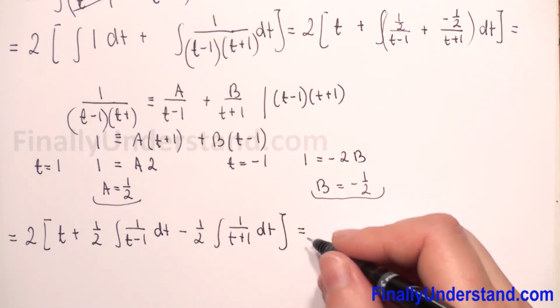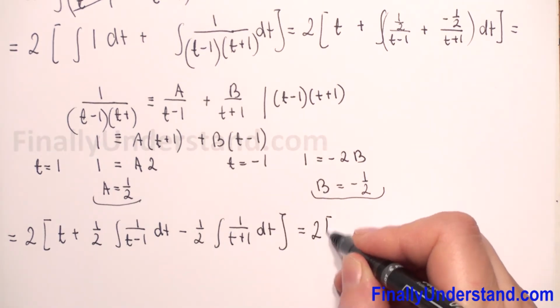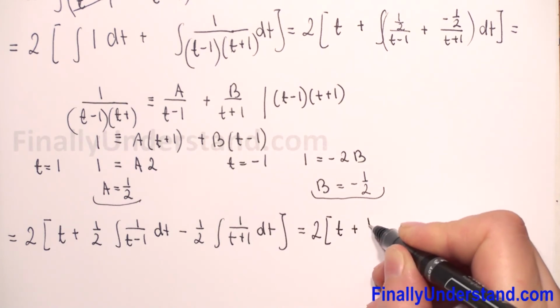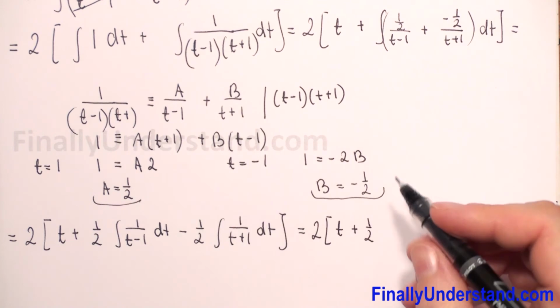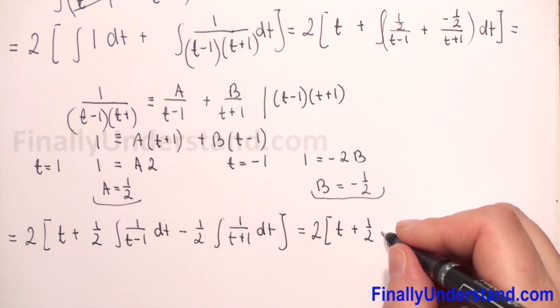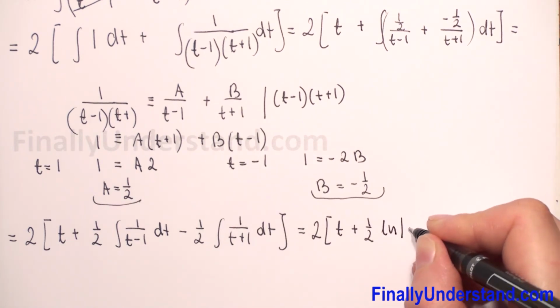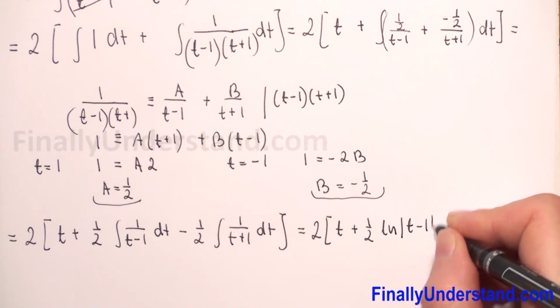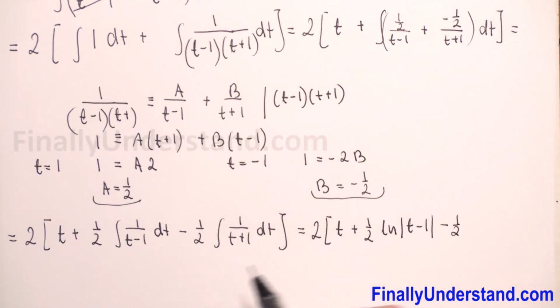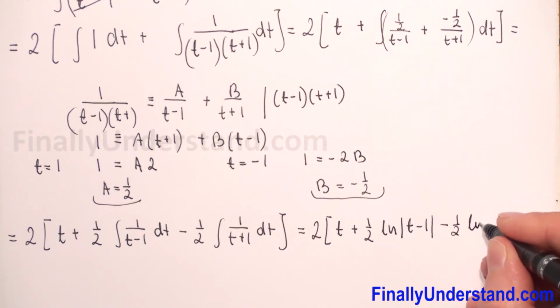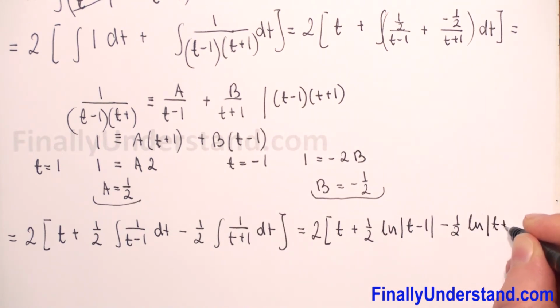So this is equal to, and we have in brackets t plus 1/2. In numerator we have derivative of denominator, so integral will be equal natural logarithm of absolute value of t minus 1 minus 1/2, the same situation we have here, natural logarithm of absolute value of t plus 1 plus constant c we can write at the end.